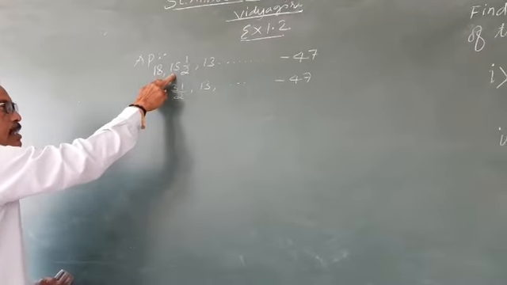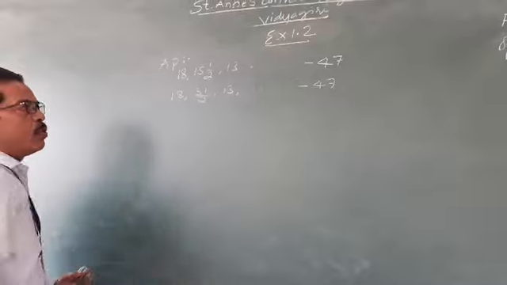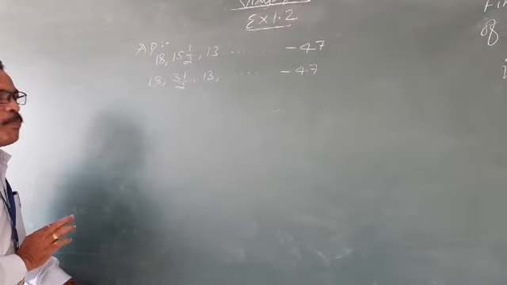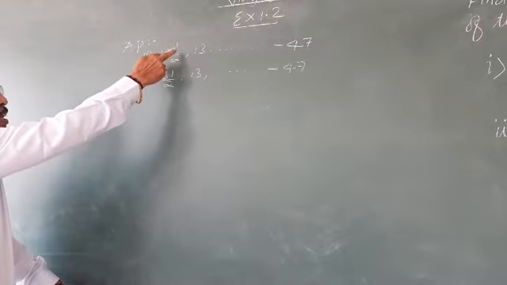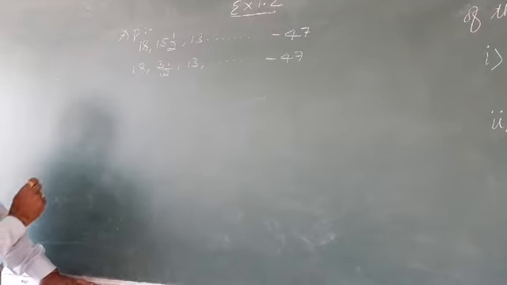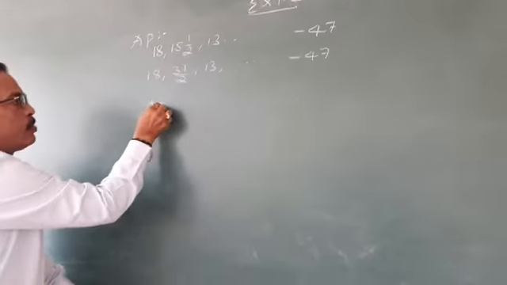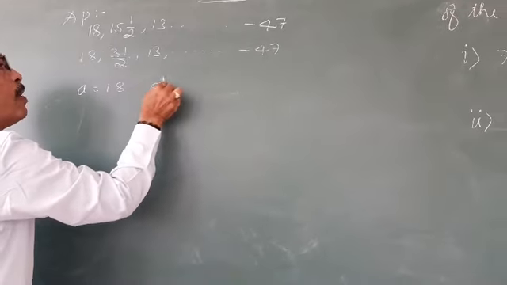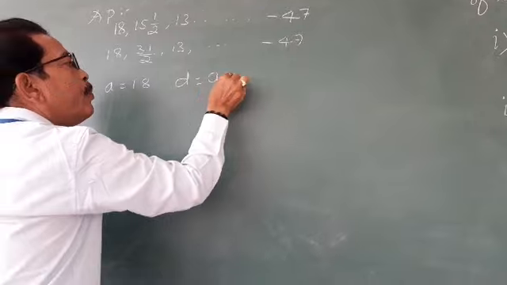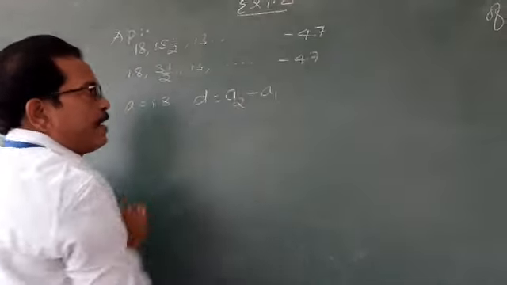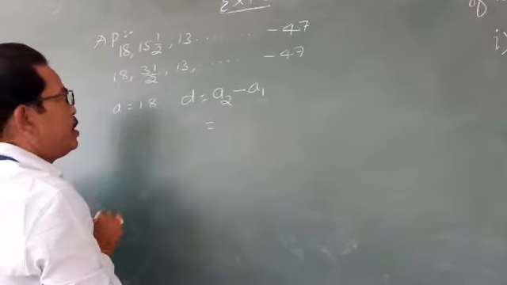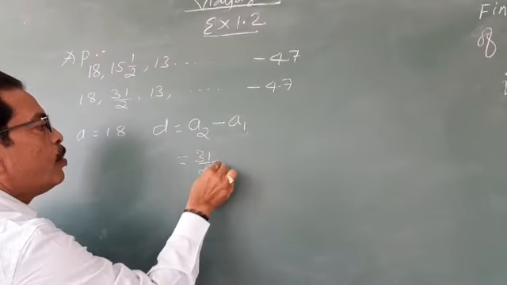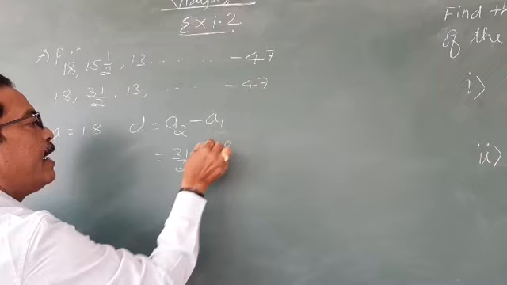Because this is in mixed fraction, I converted it into improper fraction. 15 1/2 is 31 by 2. Okay, a equals 18 as usual. d equals a2 minus a1, which equals 31 by 2 minus 18.